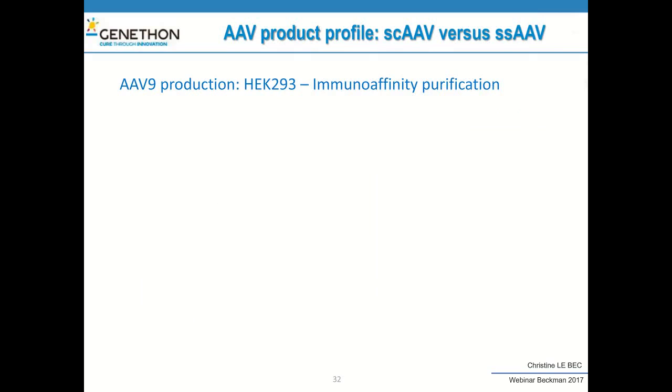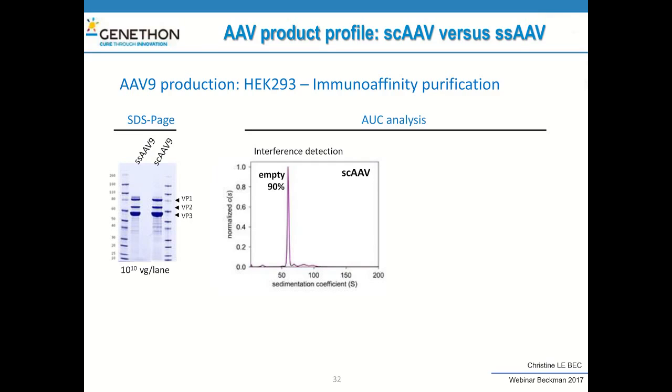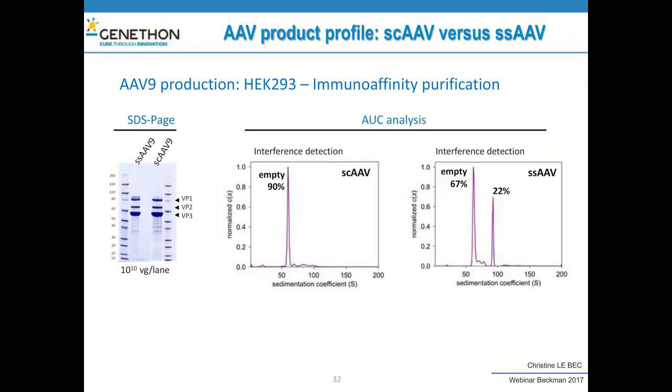For another project, for AAV, we compared the double-strand production to the single-strand. On the SDS-PAGE, for the viral particles, we have the same profile in terms of the VP proteins. In terms of the ratio of empty and full particles, for the double-strand AAV you have almost 90% of empty particles.